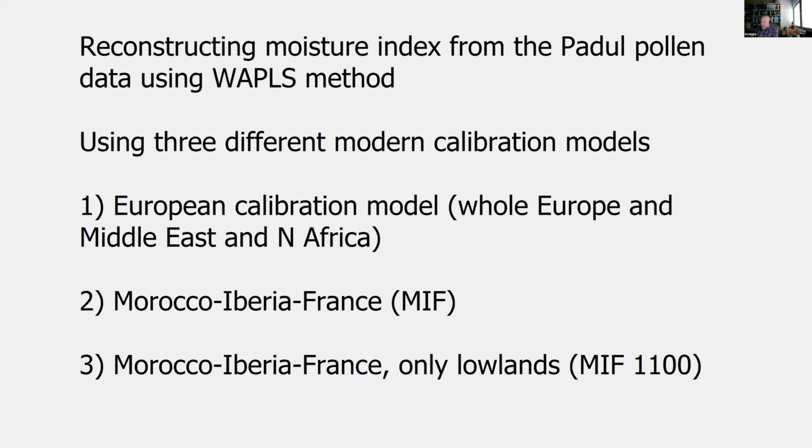And we had 3 different calibration models in this test: the full European calibration model, which I showed on the previous slide, a subset from that, which we call the Morocco, Iberia, France subset, and then even a subset of that, which is low altitude only from the Morocco, Iberia, France calibration model.